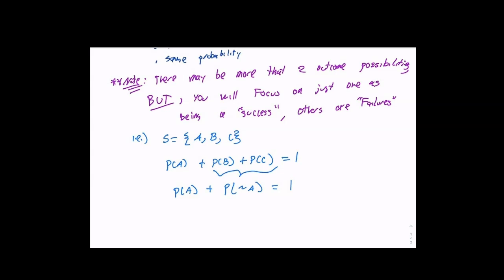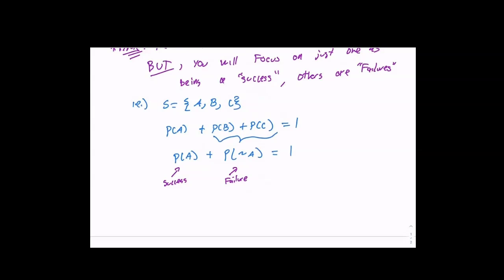Okay. As noted before, we would call this a success, and this a failure. You either get what you were looking for, or it doesn't happen. Most everything will be done as A and not A, and just as a reminder, the probability of not A is simply 1 minus the probability of A.